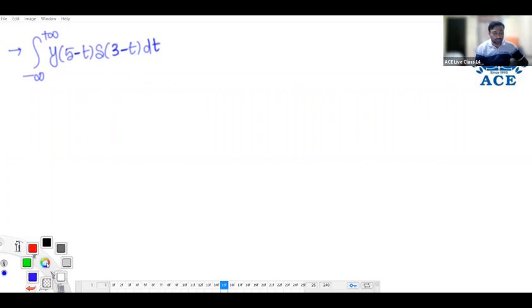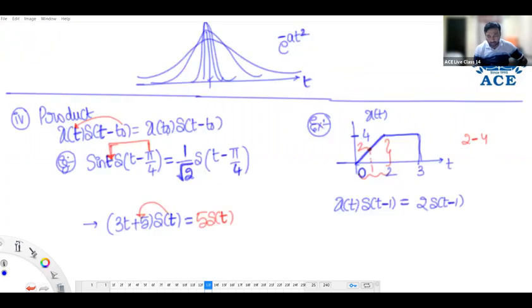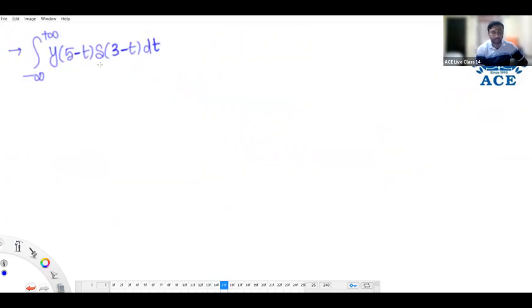As the impulse is an even function, we stated del of minus t equals del of t. So this can be written as t minus 3. 3 minus t or t minus 3 means the same. So it is at 3. Directly substitute in the signal: y of (5 minus 3). That is y of 2.